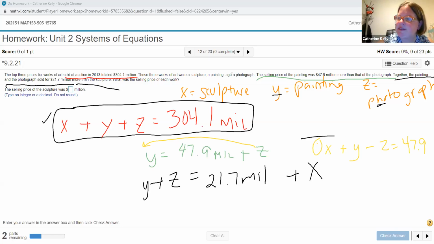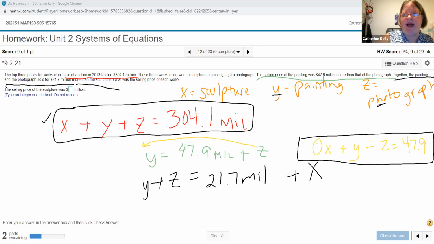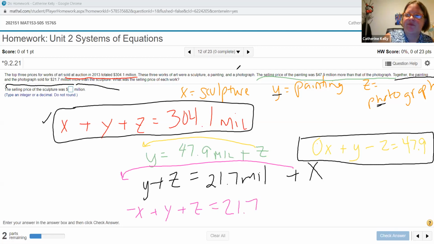I have X plus Y plus Z equals that. And then for the last equation, I have to move my X over. So I have minus X plus Y plus Z equals 21.7. Know that when you answer it, it's going to be in millions of dollars. And there I have my last equation.